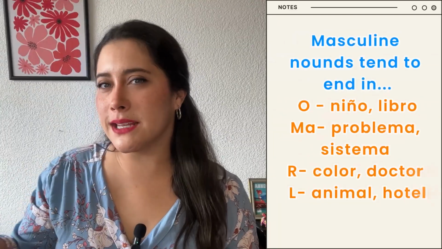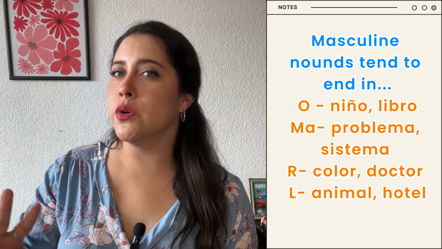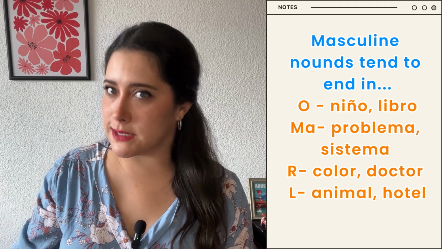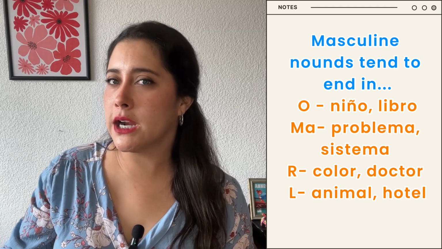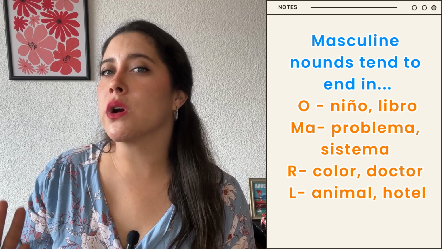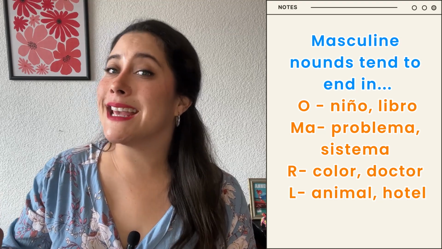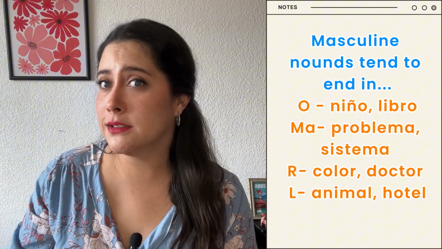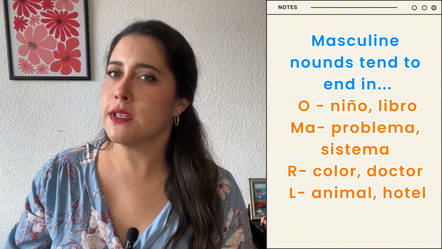Nouns ending in O, for example, niño or libro, ma, such as problema or sistema, R, such as color or doctor, and L, such as animal or hotel, will be masculine most of the times.